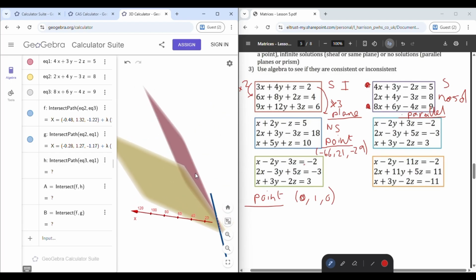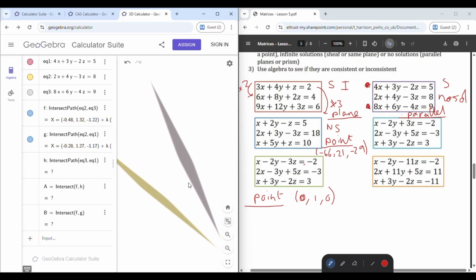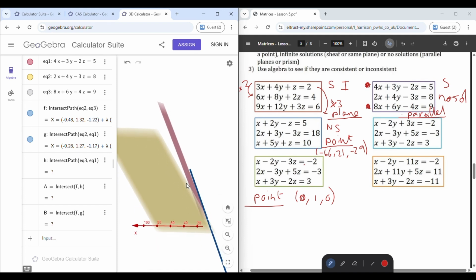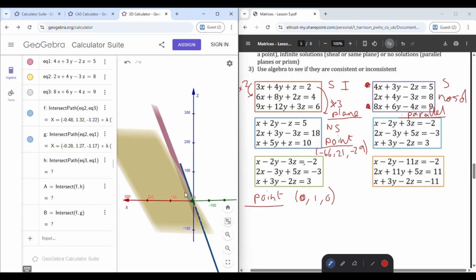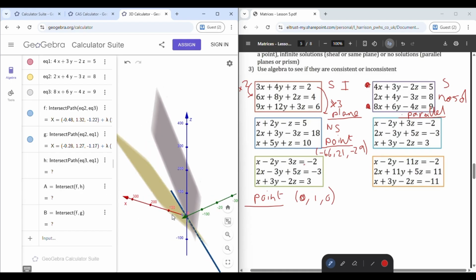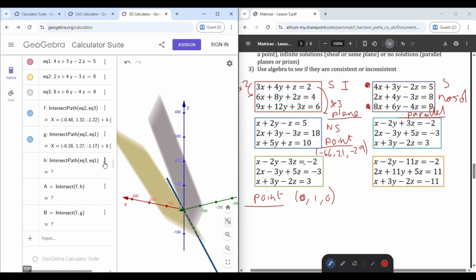They're very close to each other, and I can try and zoom in, but I'm not getting much luck here. They are not the same plane, meaning that they're never going to touch, which is why you get a bunch of question marks here. For equation 3 and equation 1, as we said, they're the parallel ones. There's no line of intersection between them because they're parallel to each other. So we don't get any intersection points.